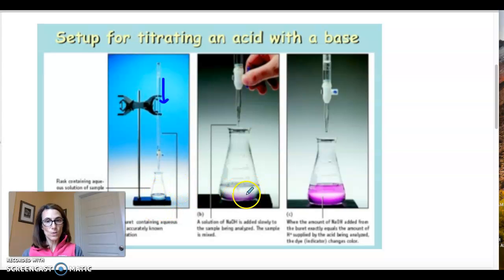And how do you know? You know that occurs when you see this changeover in color. These changeovers in color from the indicators, as you learned last class, indicate when something turns over to a different pH. In this case, this is phenolphthalein, which is used to indicate when something goes from acidic to basic.